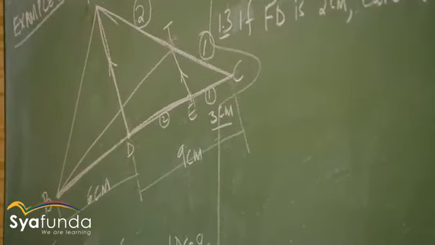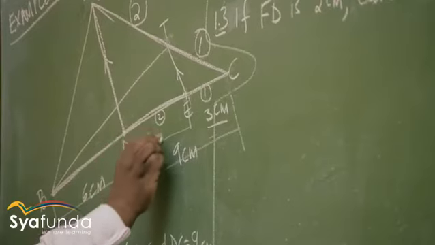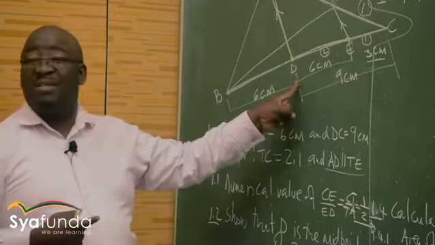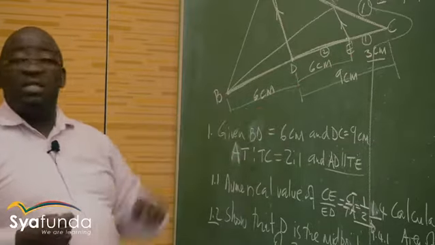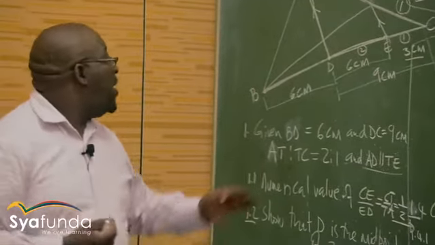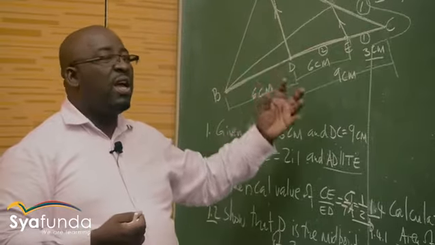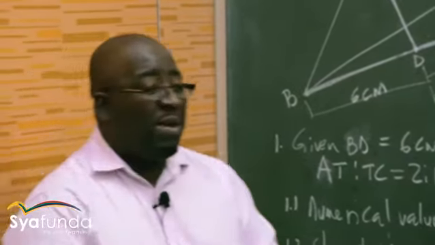If we multiply that by 2, the distance from here to there should be 6 centimeters. That's what we wanted. Now we see that from here to here is 6 centimeters, and from here to here is 6 centimeters. Therefore, D is the midpoint of line BE. All that I needed to use here are my ratios. Right. Let's move on to the third problem.